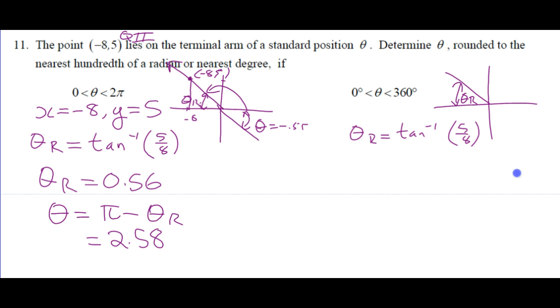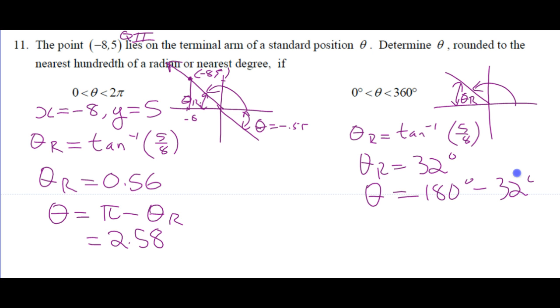So we figured out theta r is 32 degrees, and theta is 180 degrees minus 32 degrees, or 148 degrees. So if you are working with a negative ratio, turn it into positive, get the reference angle, and then put the reference angle in the correct place. In this case, we need the reference angle, and then we're going to stick it in quadrant 2.